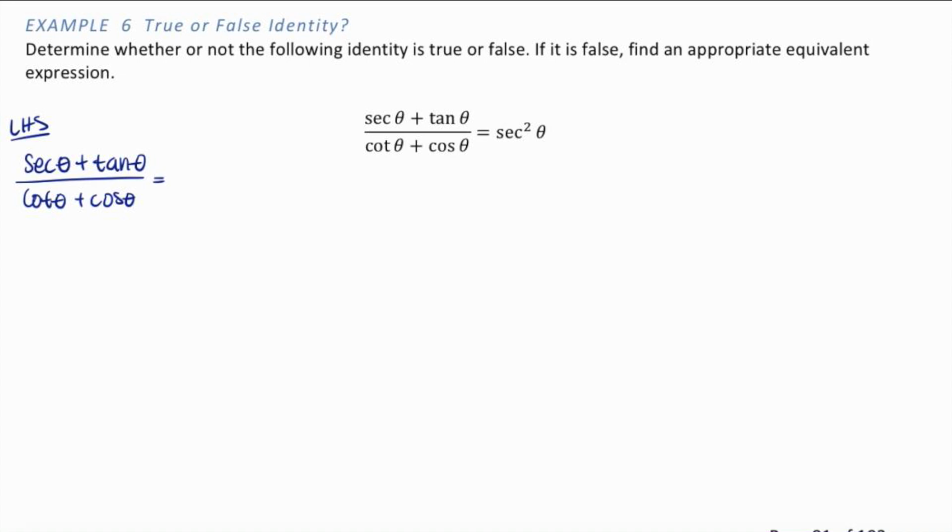I'm going to rewrite everything. So secant is 1 over cosine theta. Tangent is sine theta over cosine theta. And then cotangent is just cosine of theta over sine theta, plus cosine of theta. And to get a little ahead, my denominator here is sine of theta, so I'm going to go ahead and multiply the numerator here by sine theta, and the denominator by sine theta as well.